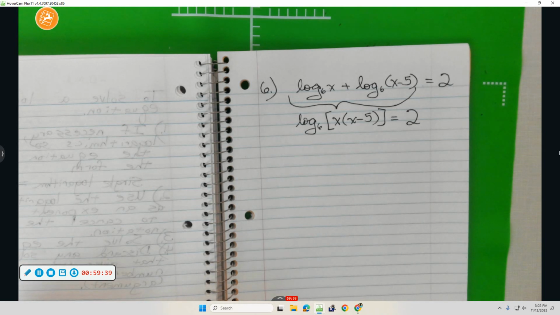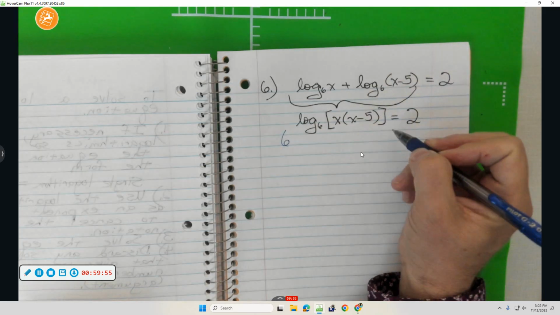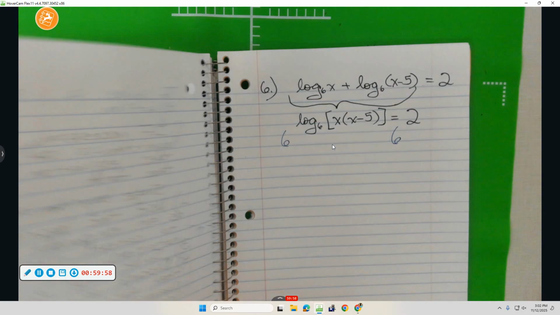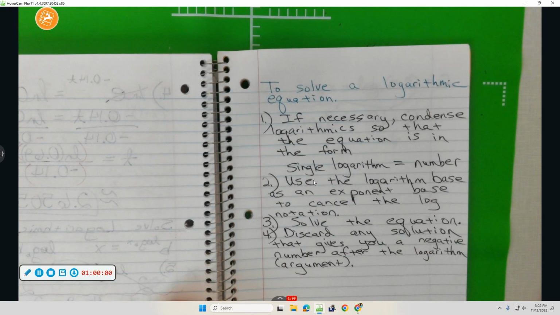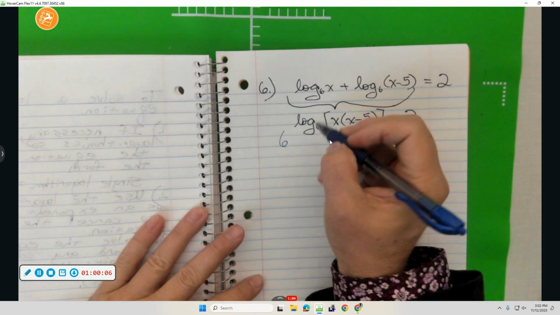I need to cancel out that log base 6. What big number do I need now? I'm going to write the number big twice. The base of the logarithm becomes the base of the exponent. Use the logarithm base as an exponent base to cancel the log notation.